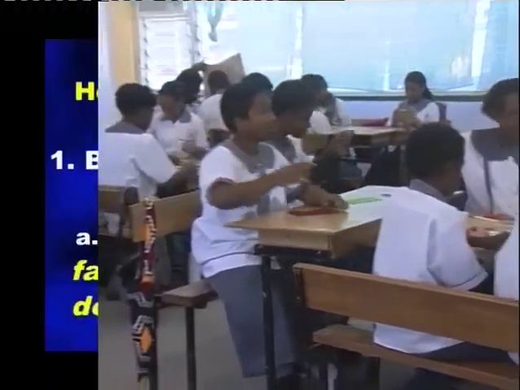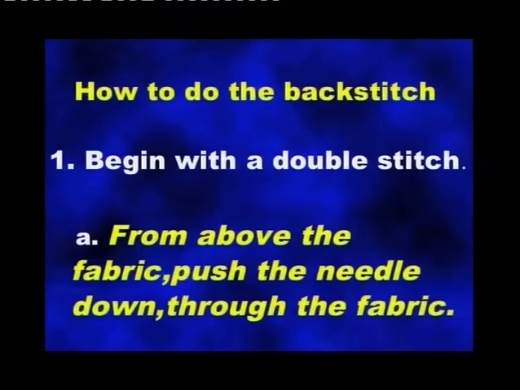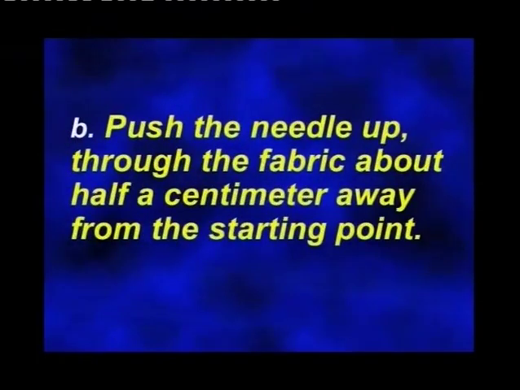Now let's just look through quickly. One, from above the fabric, you push the needle down through the fabric. Okay, you all should do that. We go to the second, where it says push the needle up through the fabric about half a centimeter away from the starting point.